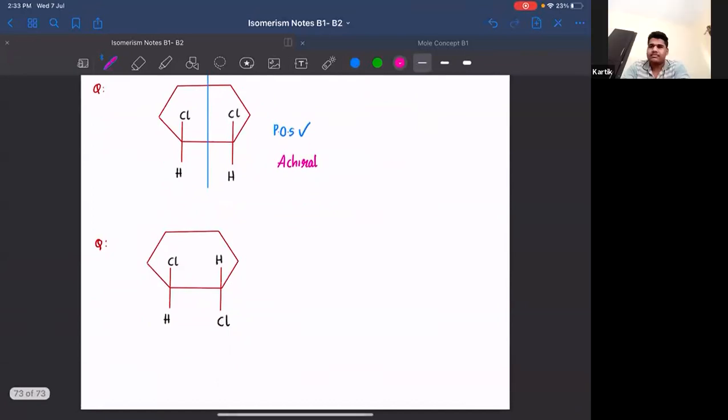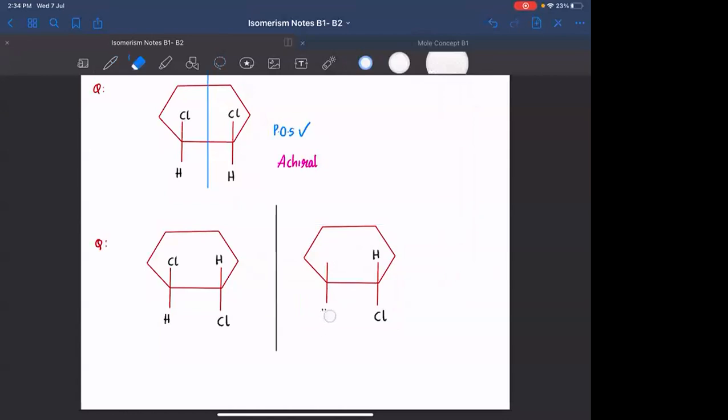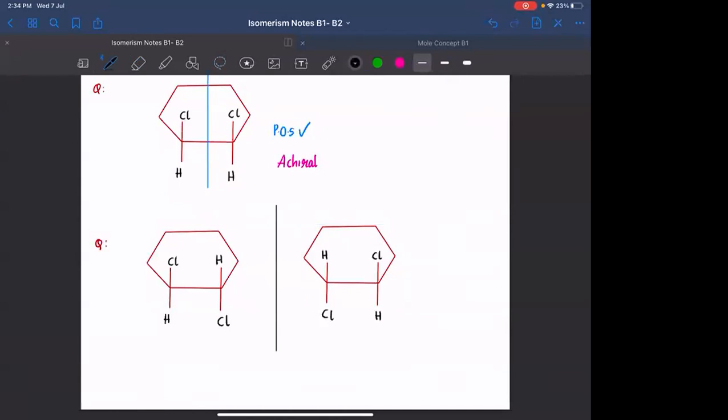This is chiral. There is no plane of symmetry. If it is chiral, you can also draw its mirror image. क्या हो जाएगा? यहाँ पे H, यहाँ पे Cl, यहाँ पे Cl, यहाँ पे H. Agreed?